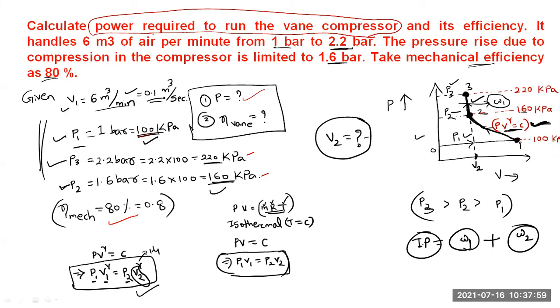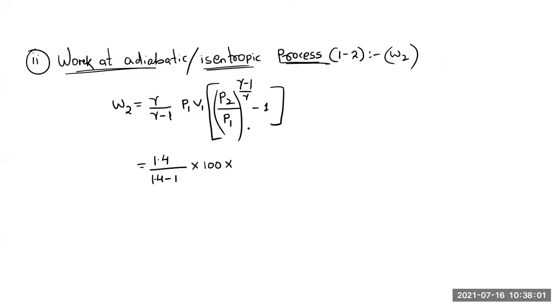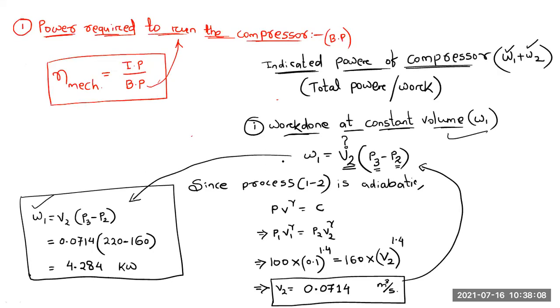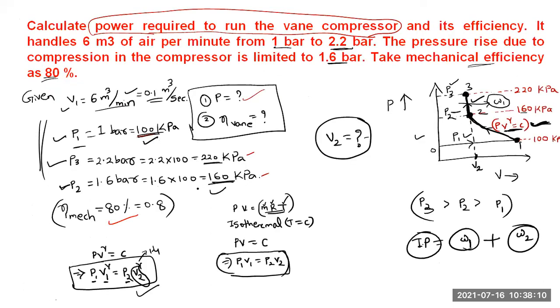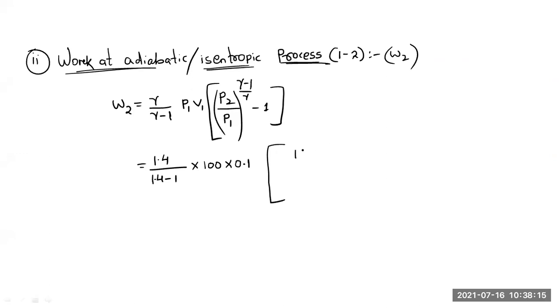V1 is 0.1 meter cube per second, whole into P2 by P1. P2 is 160 kilopascal, P1 is 100 kilopascal, whole to the power (gamma minus 1) by gamma, that is (1.4 minus 1) divided by 1.4. Now you just solve it and the answer we get is 5.0302.